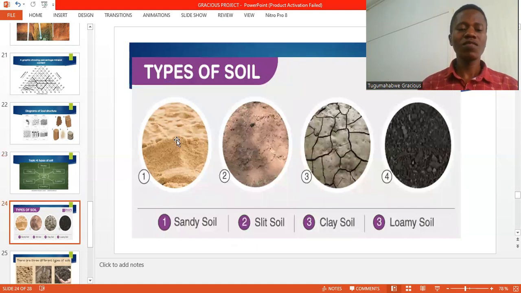I also bring this image during the lesson, showing them how the different soils look like. These are images, so I bring those images or pictures during that lesson for them to understand how different soil types look like.